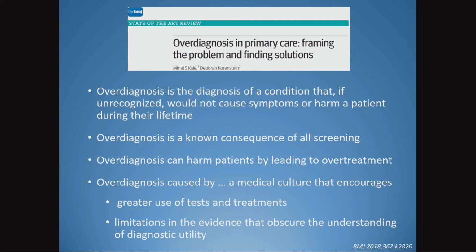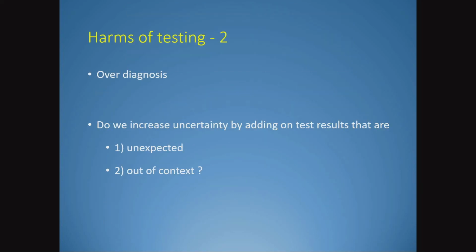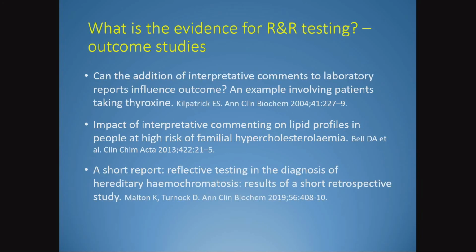So all testing produces a degree of overdiagnosis, and we need to make sure that if we're going to get involved in adding extra tests on, that we don't make this whole idea of overdiagnosis a greater problem than it actually is. And I've mentioned already about adding uncertainty by adding extra tests.